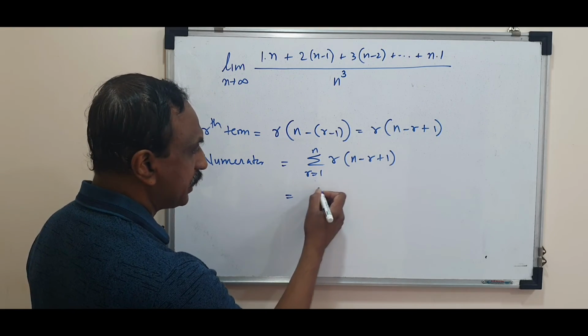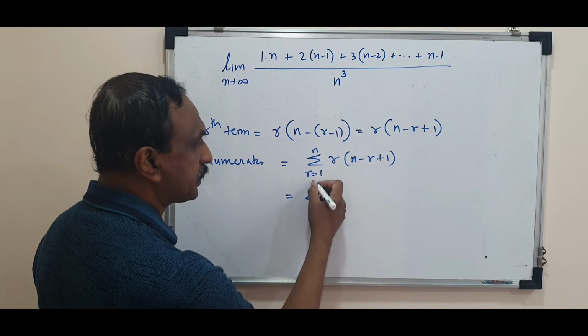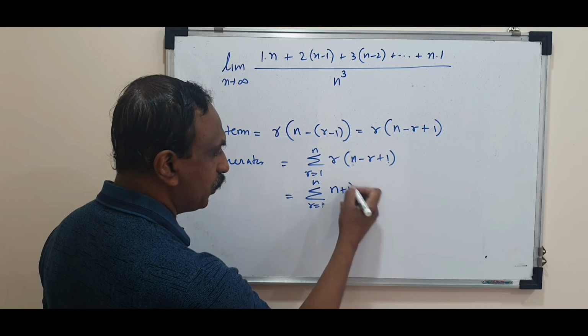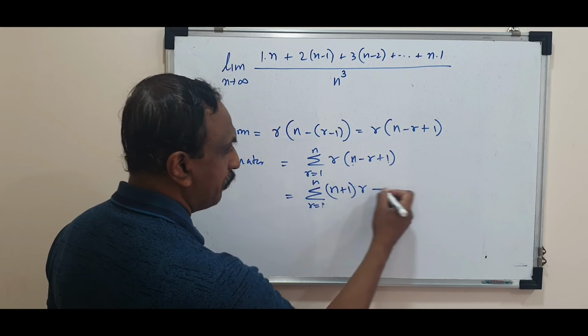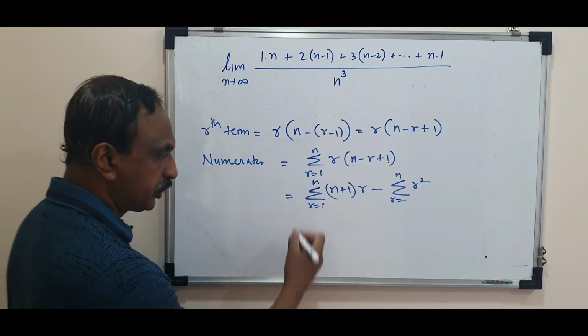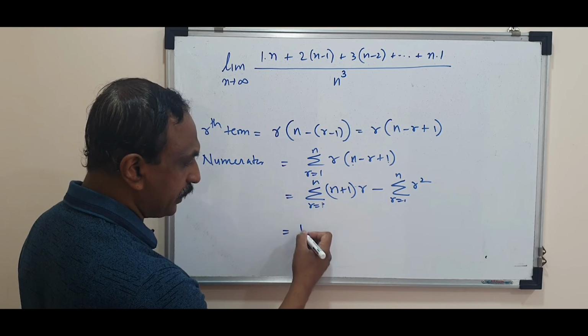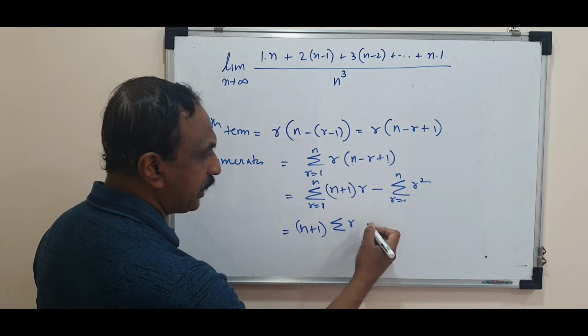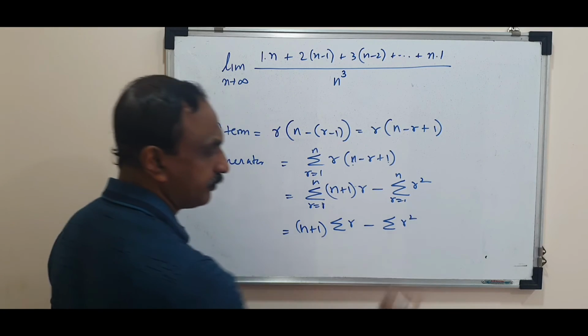For convenience, I will expand this as n and 1 I'll take together. So (n plus 1) into sigma r minus sigma r square. So n plus 1 is a constant because what is the variable here? r is varying.